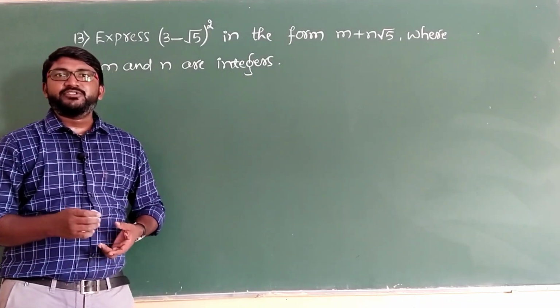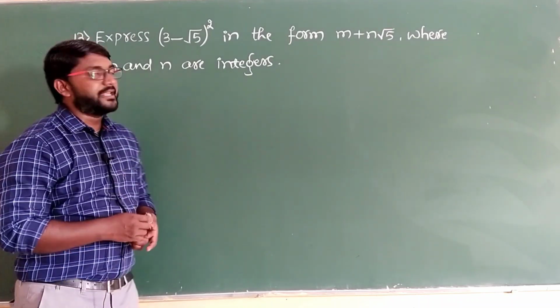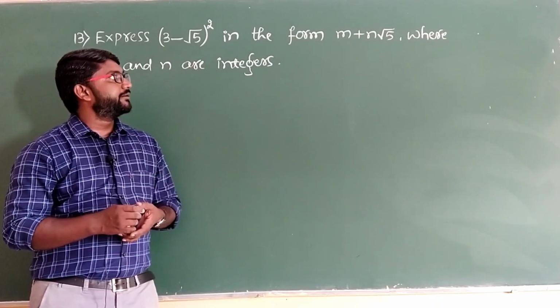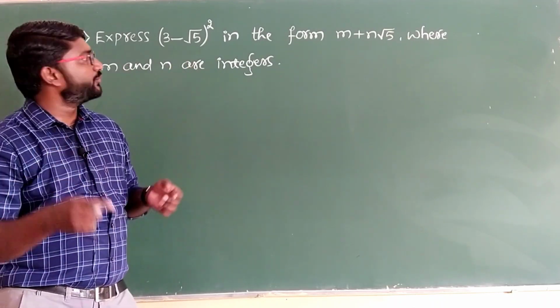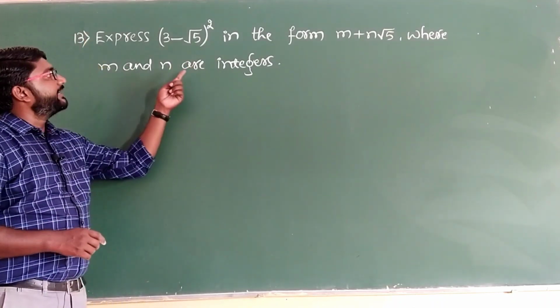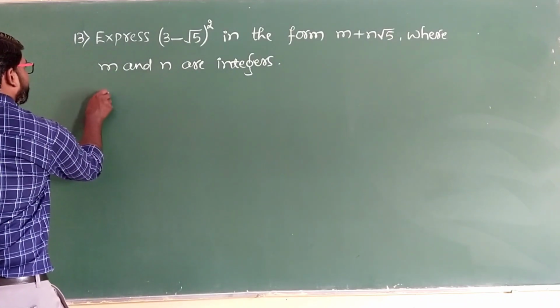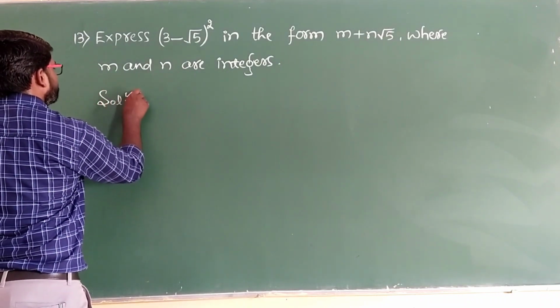Well, the 13th question it is, express (3 minus root 5) the whole square in the form m plus n into root 5, where m and n are integers. So let us go ahead with the solution.